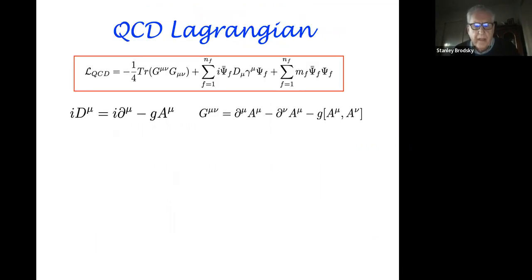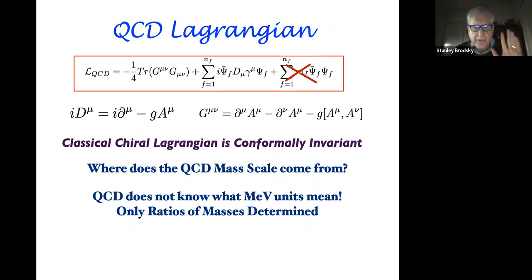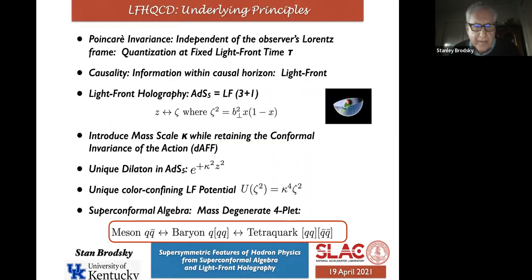So what we've done is, of course, we're working with the Lagrangian of QCD with zero quark mass. We understand where the mass scale comes from. But just to repeat what I said before, the scale can appear in the Hamiltonian equation of motion without affecting the conformal invariance of the action. And you have a unique confining potential. Everything is Poincaré invariant, independent of the observer's Lorentz frame.